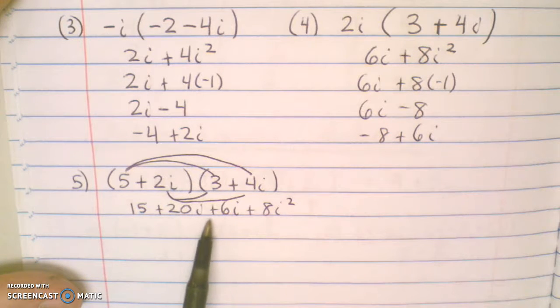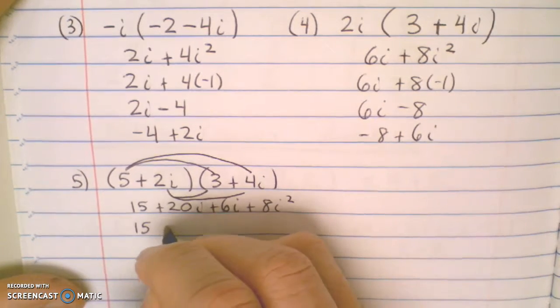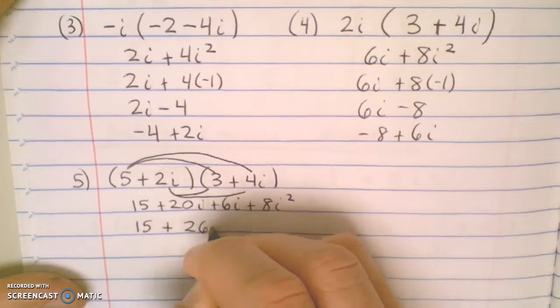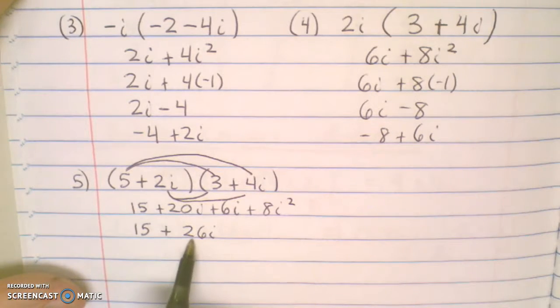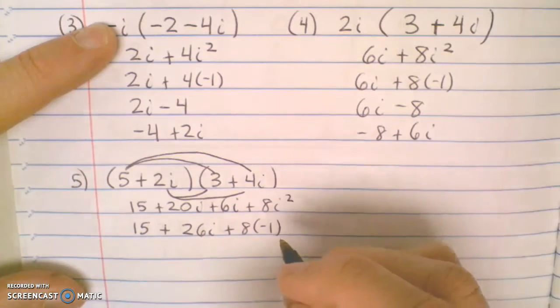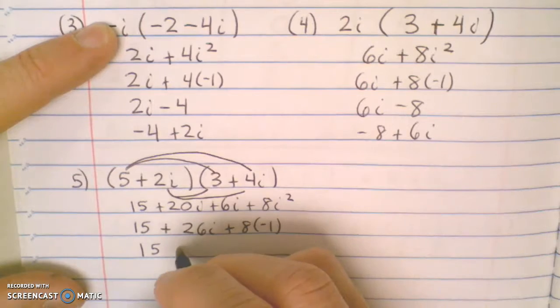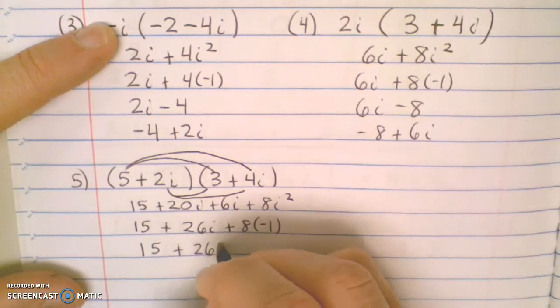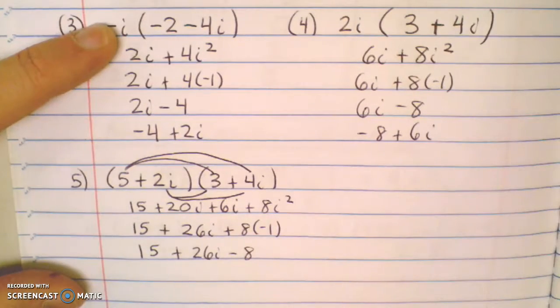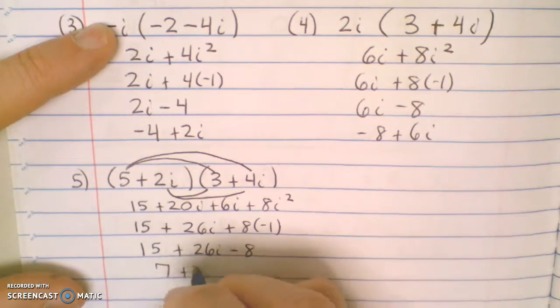I have to combine like terms, and I also have to deal with this -1 because I have an i squared. So I have 15 plus 26i, because 20i and 6i make 26i, plus 8 times -1. Eight times -1 is -8. Now I can combine and get 7 plus 26i.